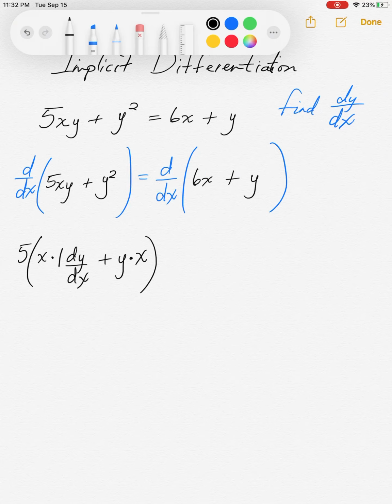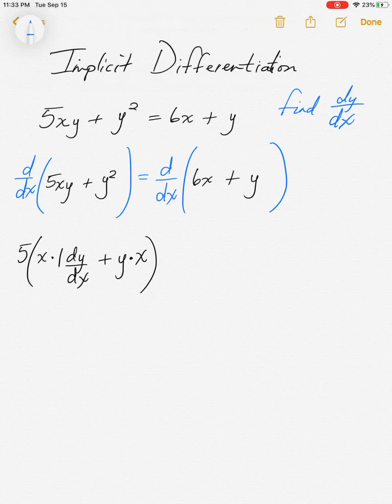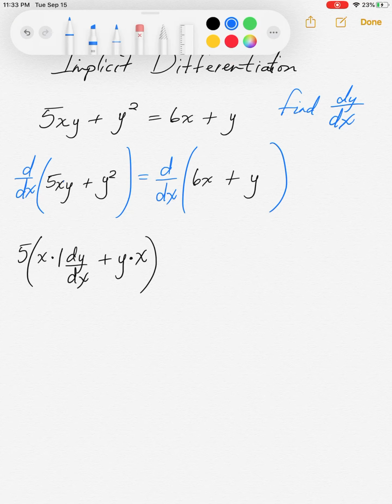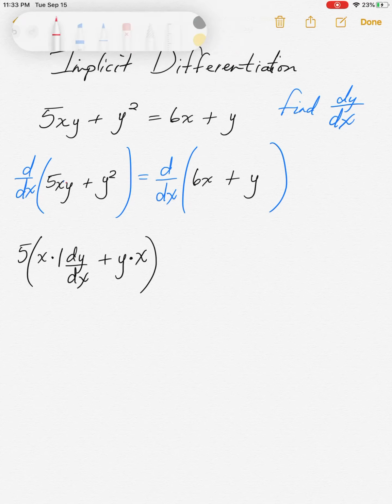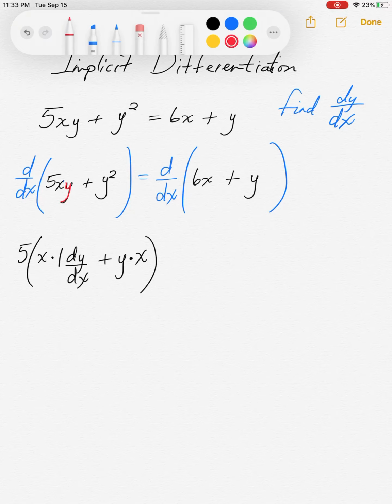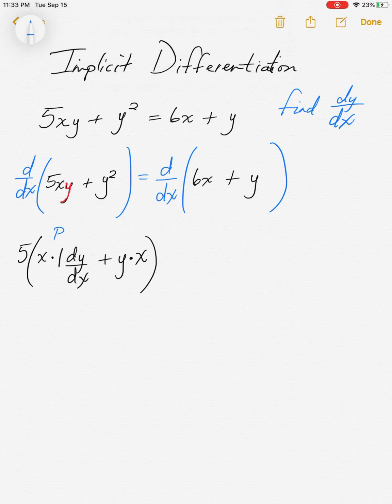That is just for that first term. It might help if I toss some colors in here. We have x times y, the y in red and the x in black. We had the first, and then we apply the product rule.